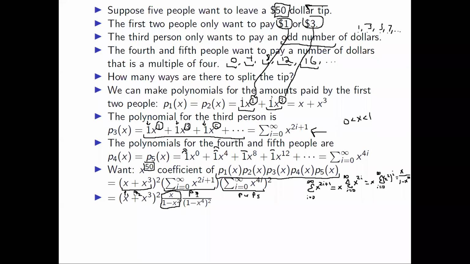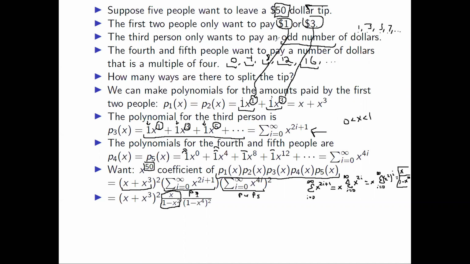So the first term, the x plus x cubed quantity squared, was the same as what we saw in the previous line. The second term, we substituted for the sum i equals 0 to infinity of x to the 2i plus 1. We substituted just this x over 1 minus x squared. That's how we got this middle term here.